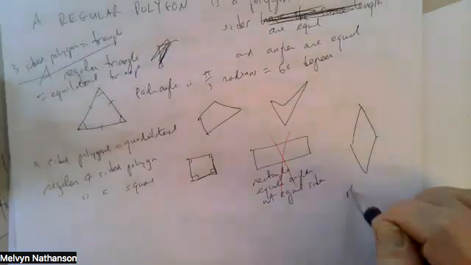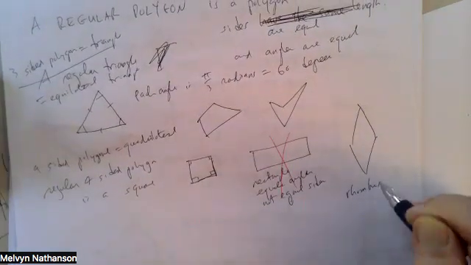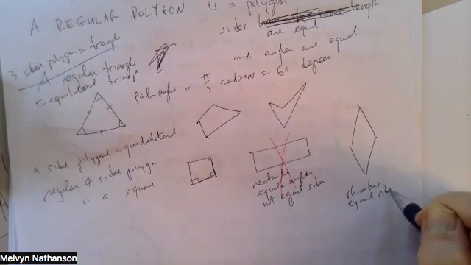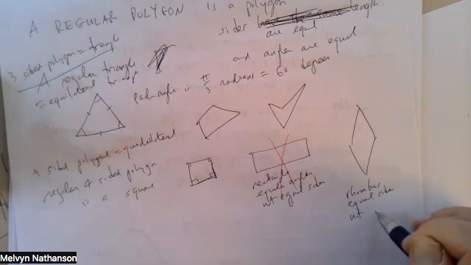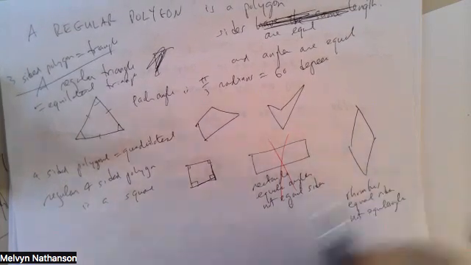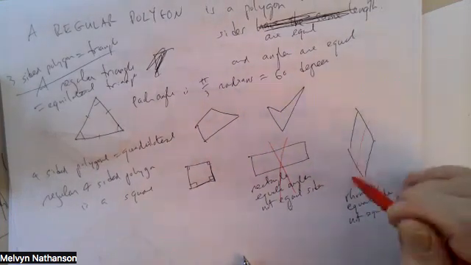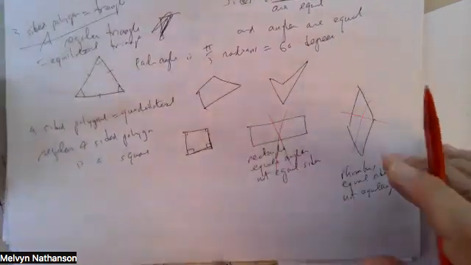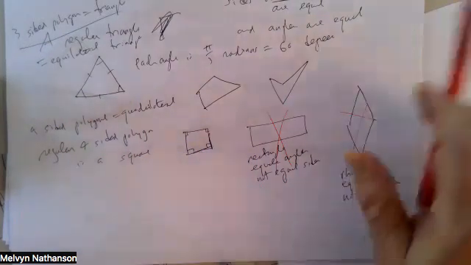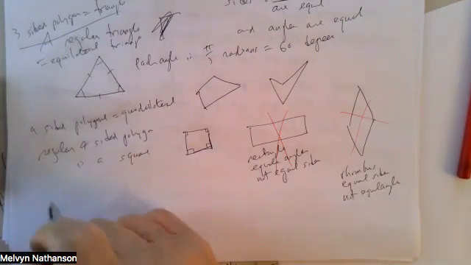A rhombus has equal sides, but not equal angles. So a rhombus is not a regular polygon. The only regular polygon with 4 sides is a square. And so forth.